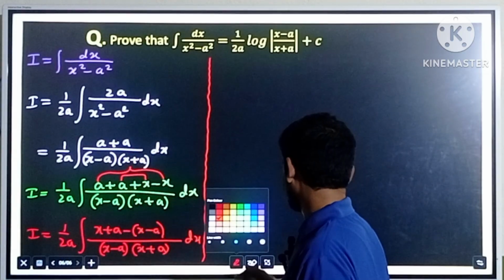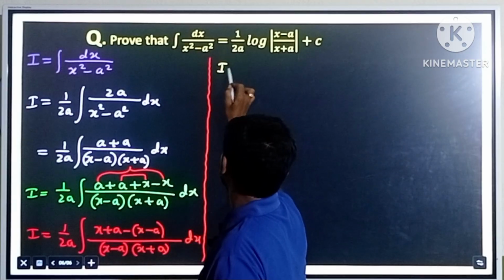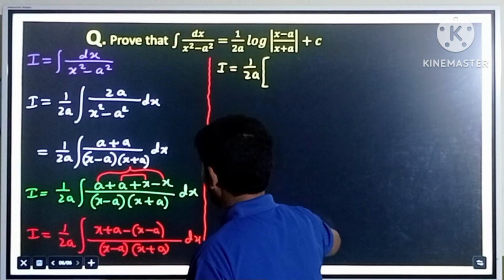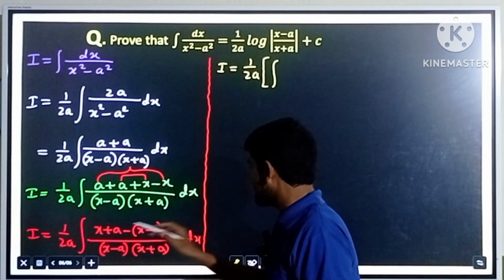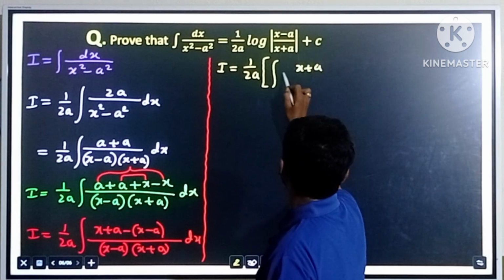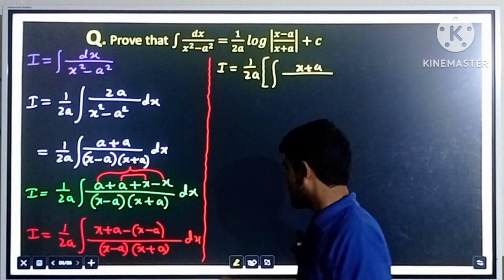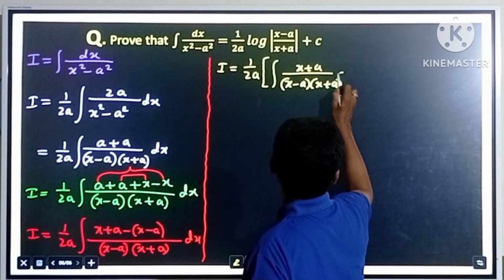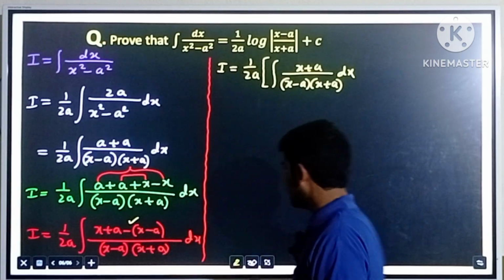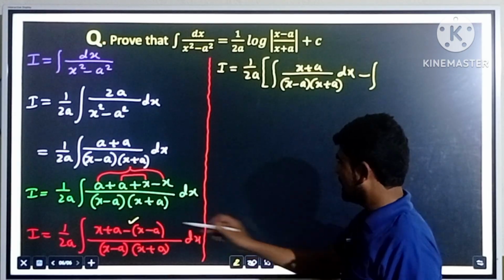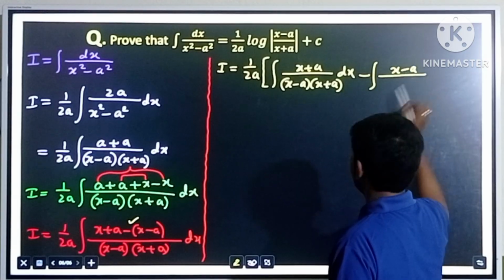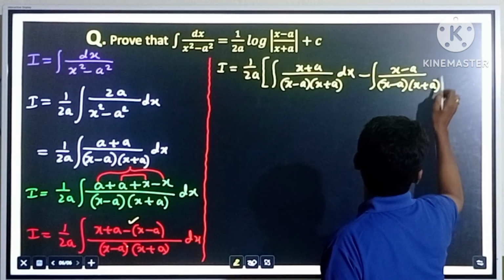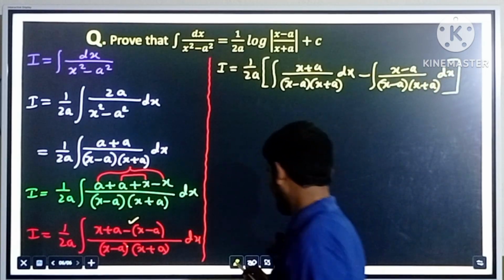Therefore, I is equals to 1 by 2a into integration of x plus a divided by x minus a into x plus a with respect to x, and then minus integration of x minus a divided by x minus a into x plus a with respect to x. I hope all of you understanding.